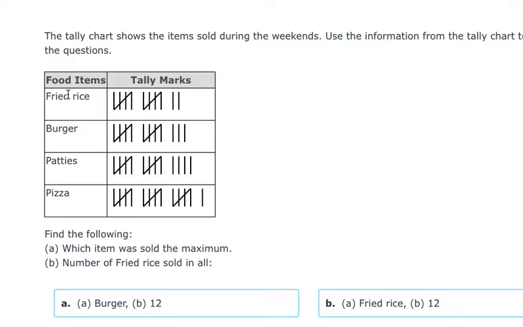The tally chart shows the items sold during the weekend. Using the information from the tally chart, answer the questions.